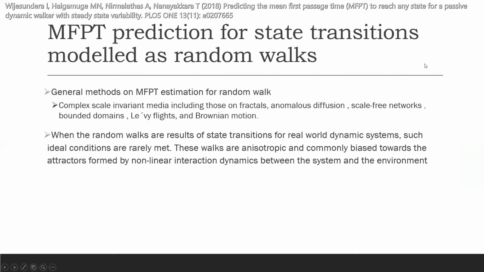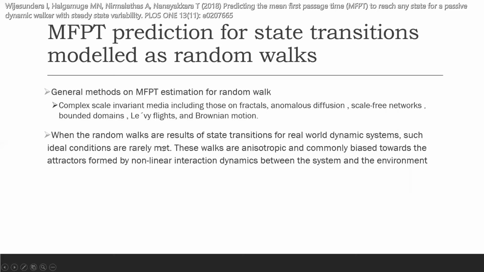So general methods for mean first passage time estimation for random walks have advanced to finding really efficient methods for specialized networks, such as scale invariant media, those on fractals, anomalous diffusion, scale-free networks, networks with bounded domains, Levy flights, and Brownian motion.